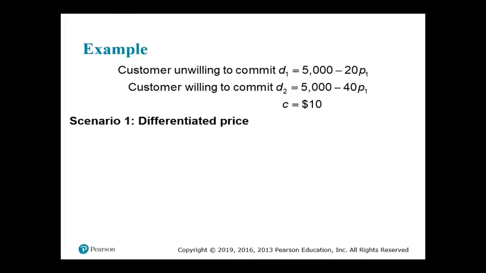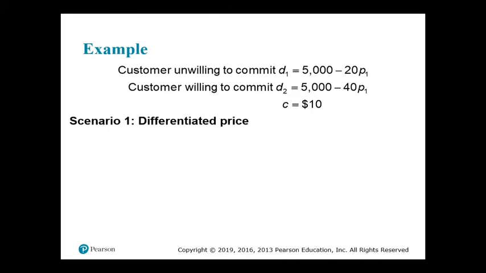One or two? Two. Yeah, with the same price, demand from two would be smaller than one. And say the production cost is $10 per product.